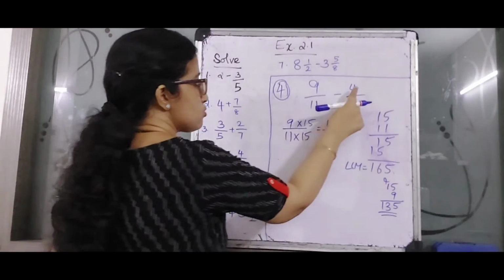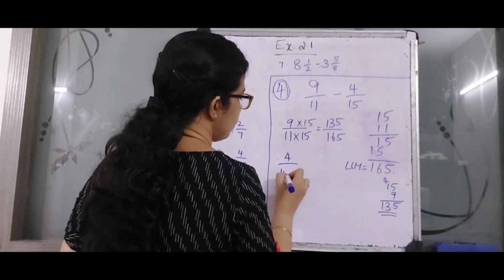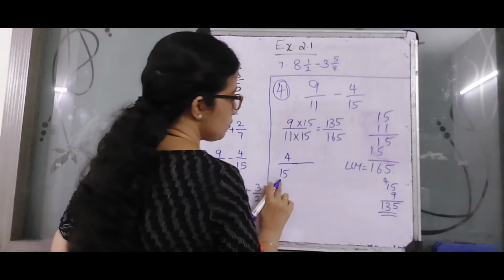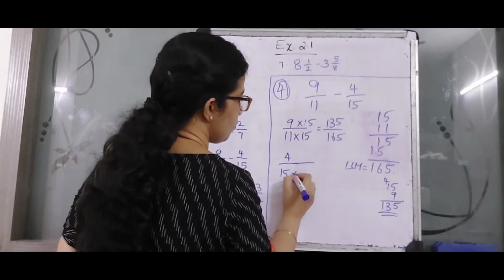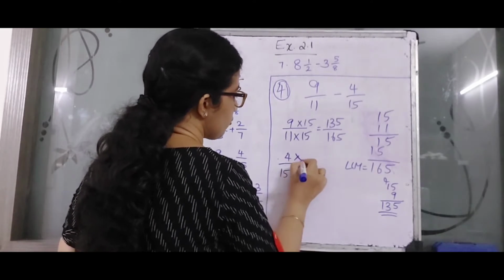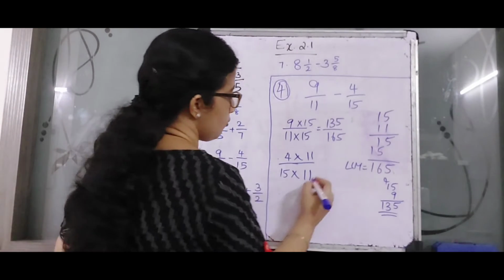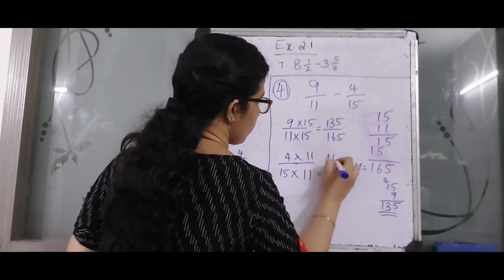Next, what is 4 by 15? How will you make this 15 into 165? 15 into 11. This also we have to multiply by 11. So what will you get? 11 into 4 is 44.